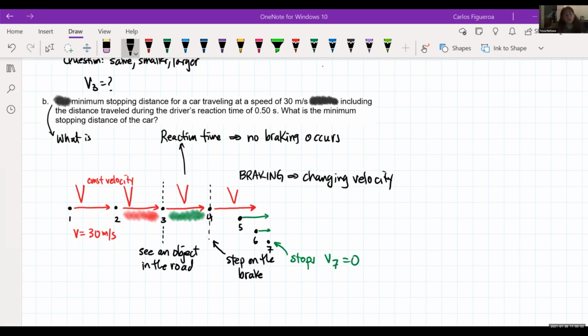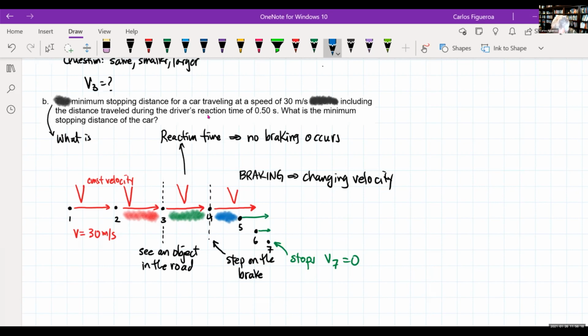I have a question. Sure. If it stops at V7, would the distance between point 6 and 7 be zero, no distance between those points? Well, let's look at this here. Do we agree that this interval is different than the previous one?